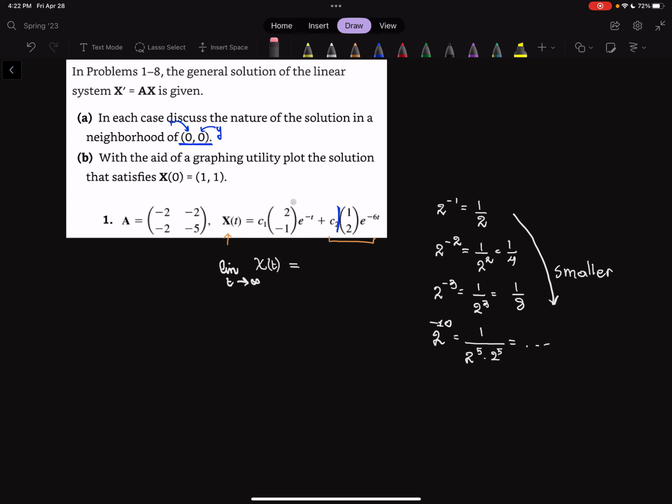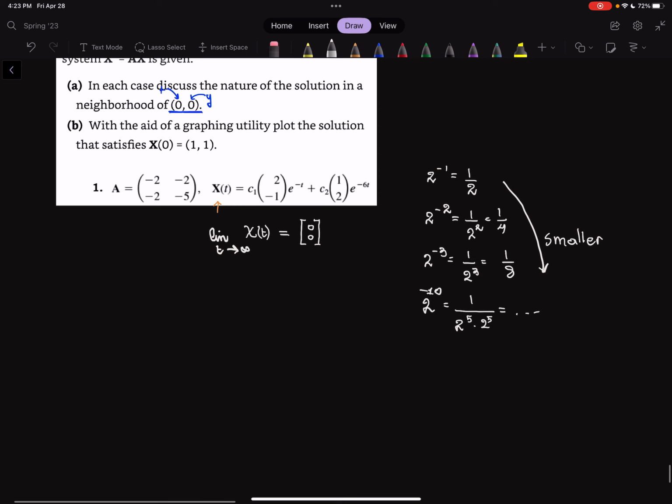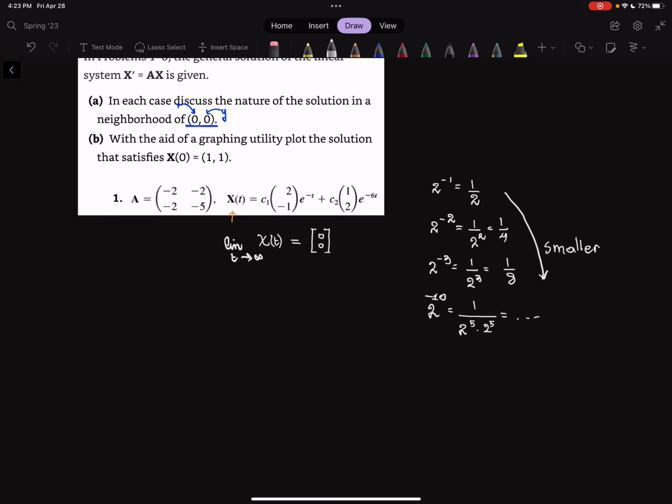Because you can rewrite this solution as 2 vectors by distributing this in here, and this as well, and then adding them together, you'd have just one 2 by 1 vector, and that's what they mean by approaching some sort of point. So this will approach the vector 0, 0, which is the same as the point 0, 0. And so that's the answer to our first question.